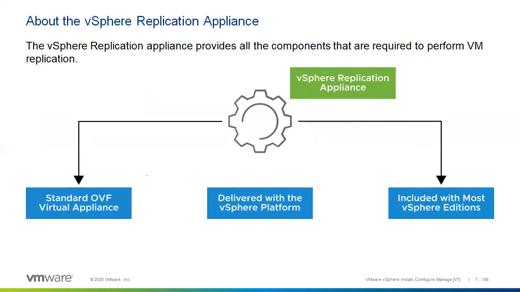So for that, we have to install vSphere Replication as an appliance between the primary and secondary sites, integrate it with the vSphere platform, and then start the replication between primary and secondary sites.